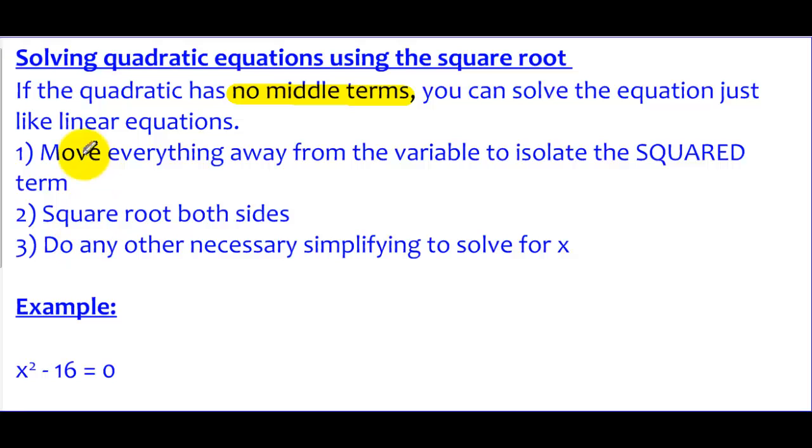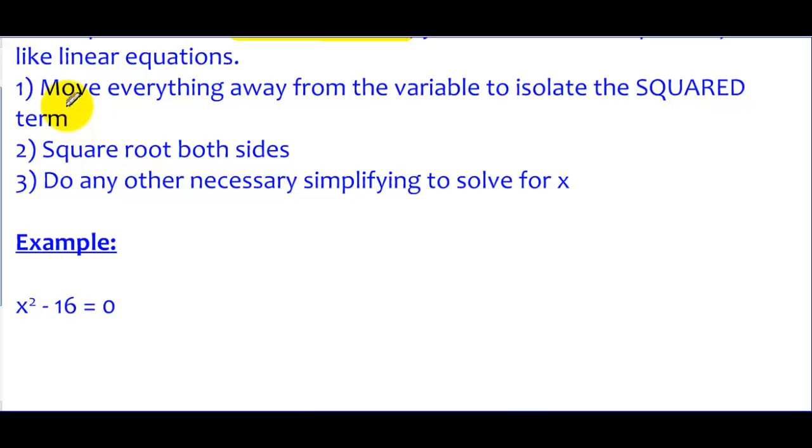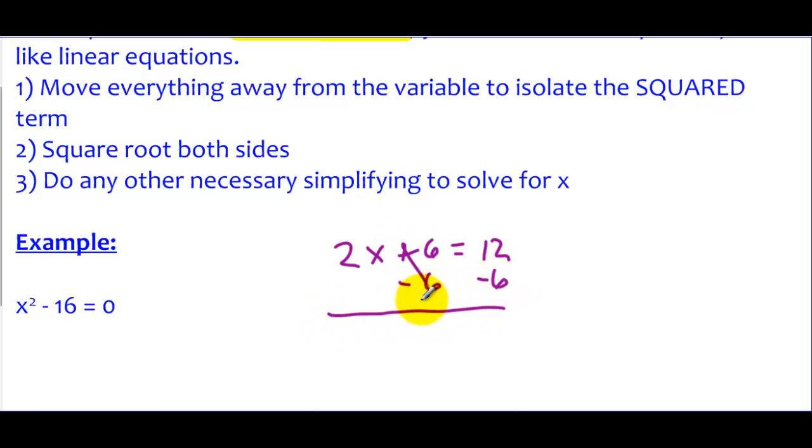So there's a few steps here. If you like following steps, we're going to go down and look at the example, and you'll see these being used. The steps basically say that we're going to try to solve this just like a linear equation. If I gave you something like 2x plus 6 is equal to 12, and I asked you to solve this, our job would be to get x alone and make it say x equals, and we'd go through this whole process of removing all of the things that are on the same side as our variable.